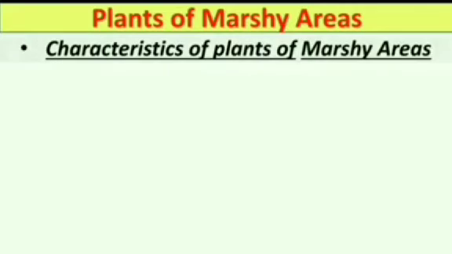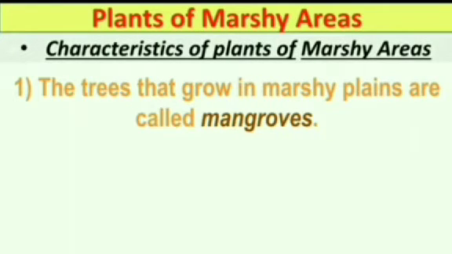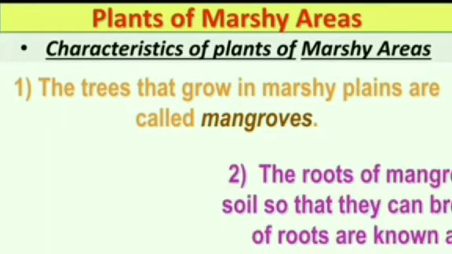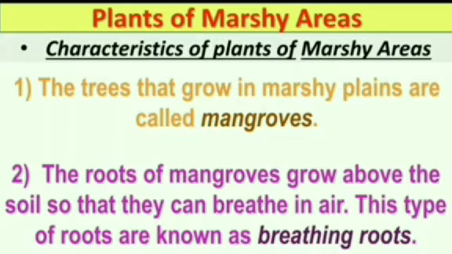Adaptation of plants of marshy areas. Characteristics of plants of marshy areas. The trees that grow in marshy plains are called mangroves. The roots of mangroves grow above the soil so that they can breathe in air.